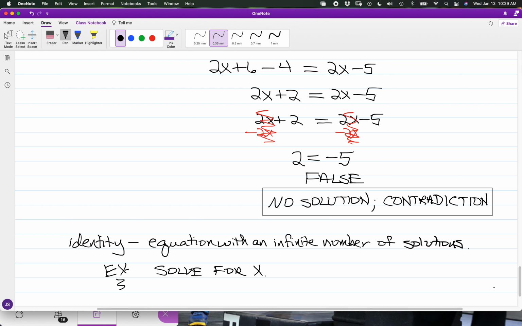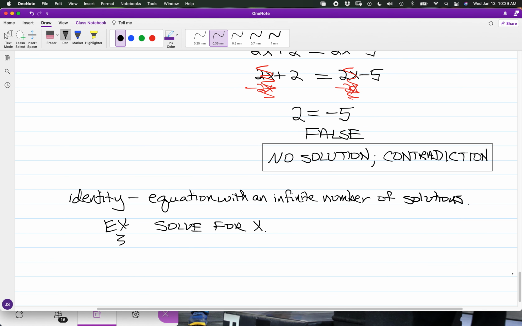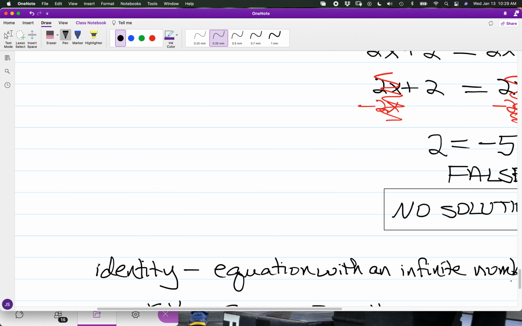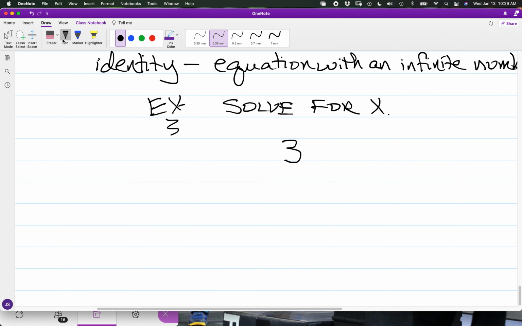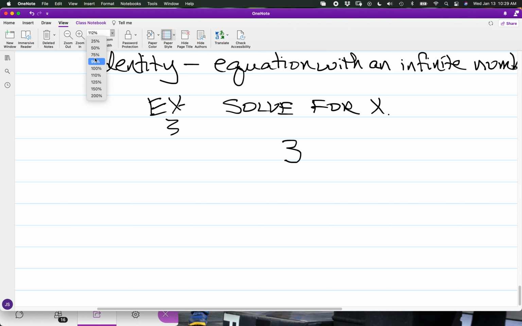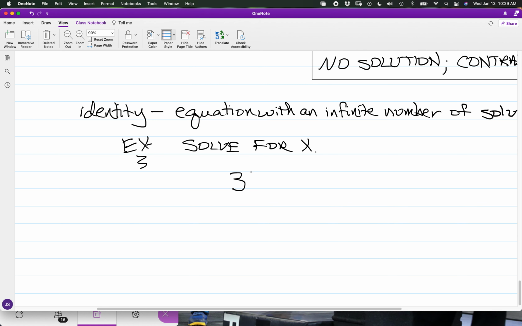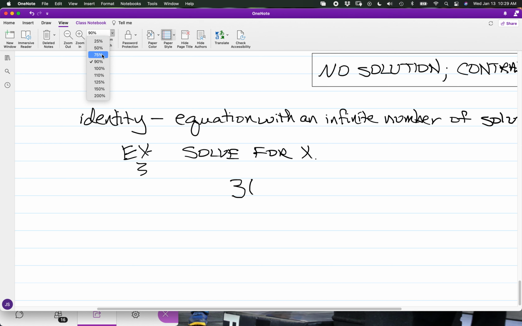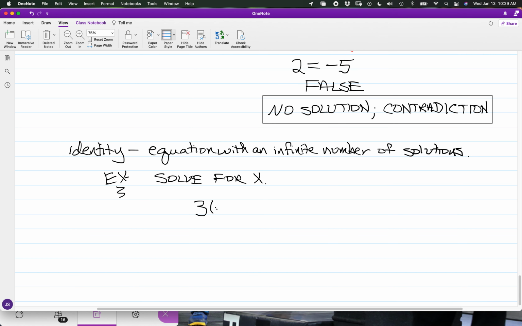If we're looking at solving for x, and here we'll say we have 3 times the quantity of x plus 4 is equal to x plus 6 plus 2 times the quantity of x plus 3.